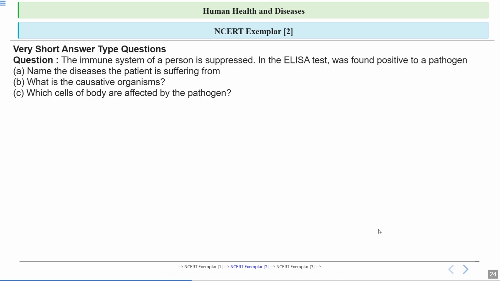You have to name the disease the patient is suffering from, the causative organism of this disease, and which cells of the body are affected by this pathogen. What are pathogens? Organisms that cause diseases.